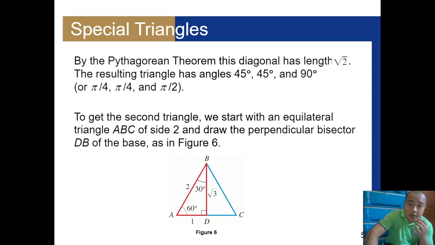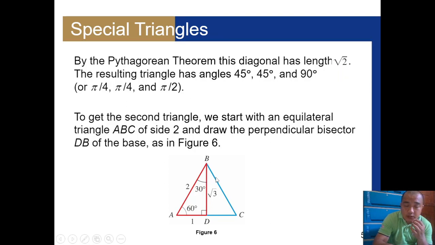Now, to get the second triangle, we start with an equilateral triangle ABC here in figure 6. Equilateral triangle, all angles are equal, so 60, 60, 60, total of 180 degrees. And draw the perpendicular bisector DB of the base.